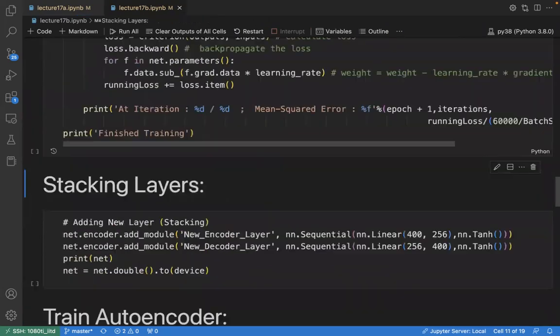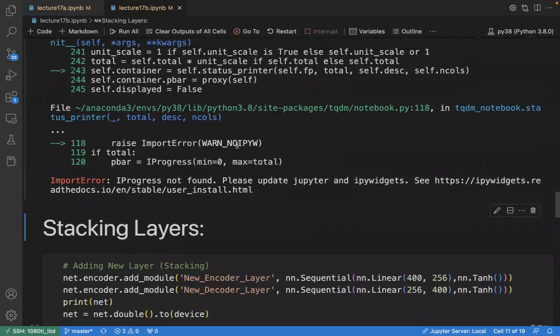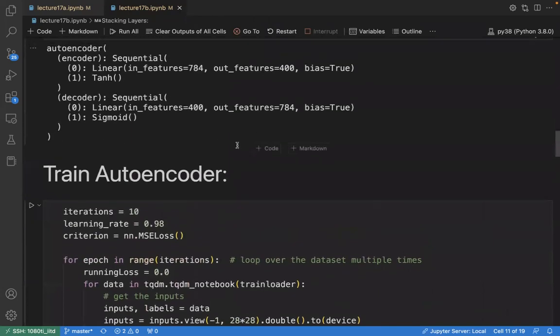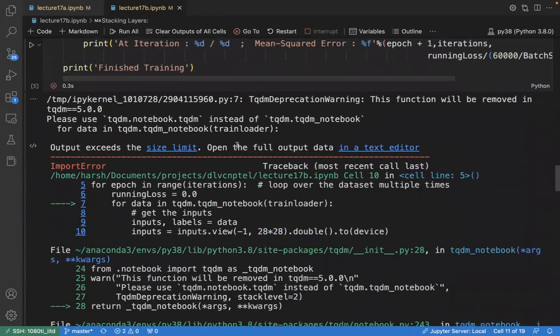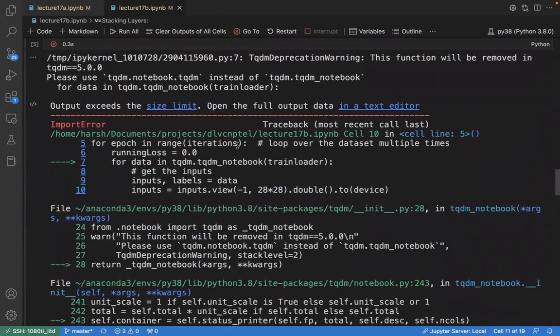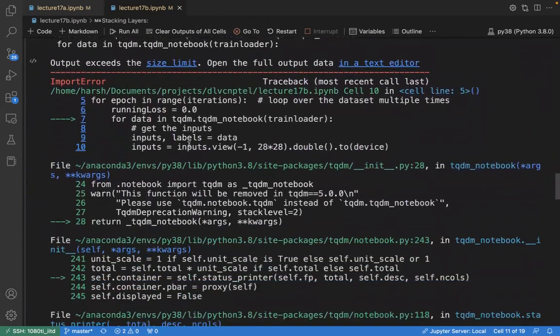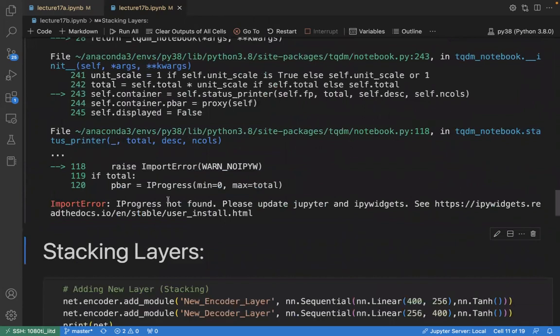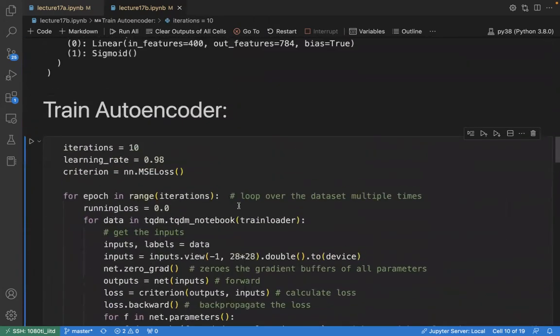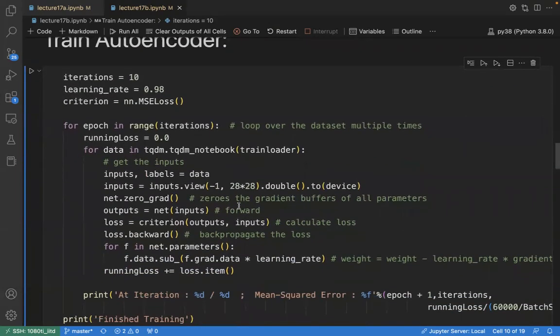The network, training the autoencoder. So what happened? High progress is not found.